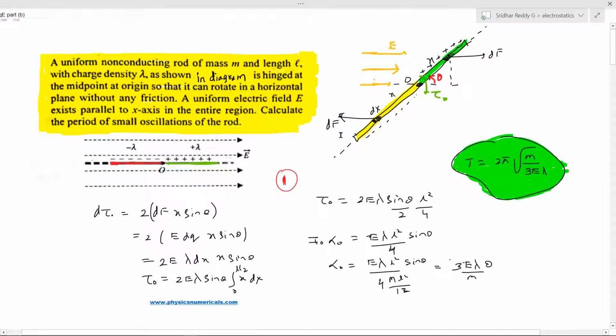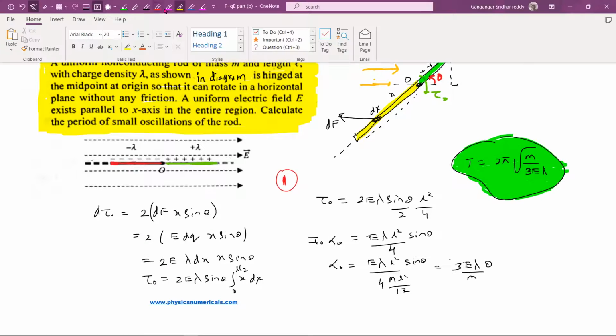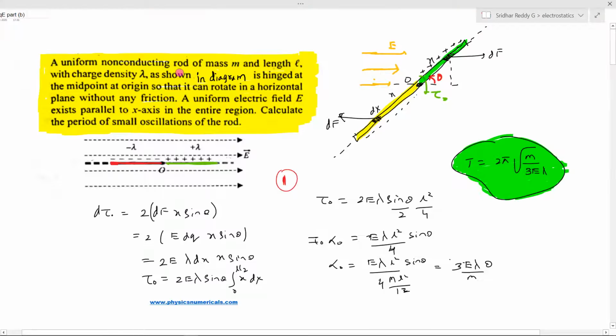Okay, now let's go for one more problem. We have a uniform non-conducting rod of mass m and length L with charge density lambda as shown in the diagram. One end of the rod is positively charged, the other end is negatively charged.